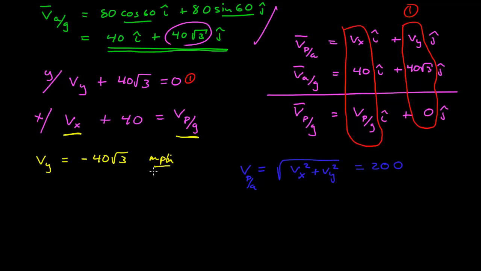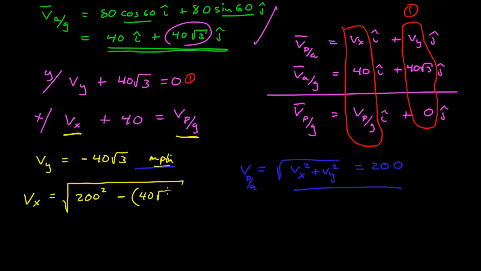So since I found vy, I can use this to find vx. So vx then is equal to the square root of 200 squared minus 40 times the square root of 3 squared. And remember, this minus, this is in fact minus 40. This minus right here comes from solving this equation.